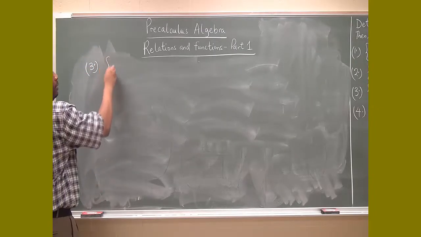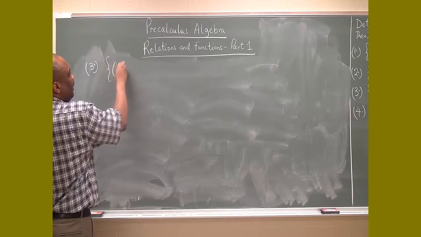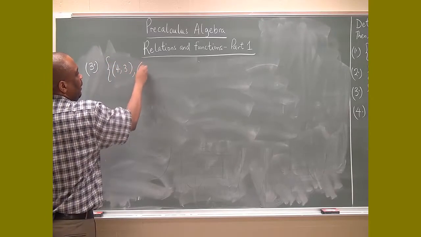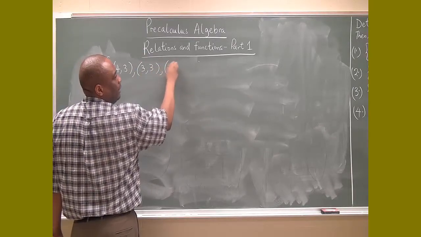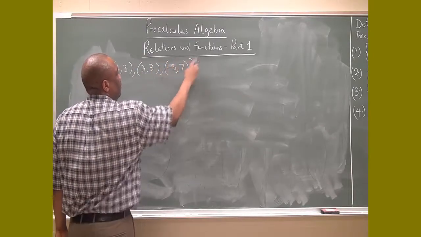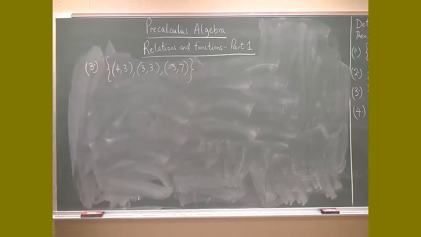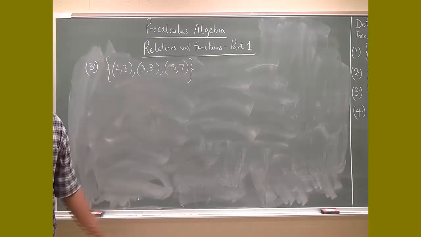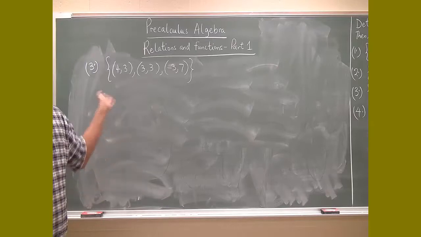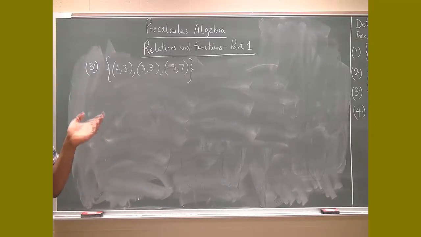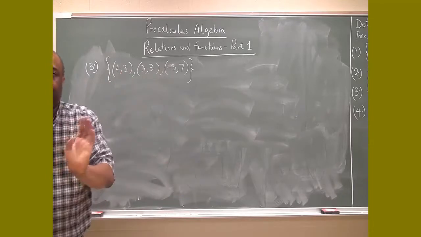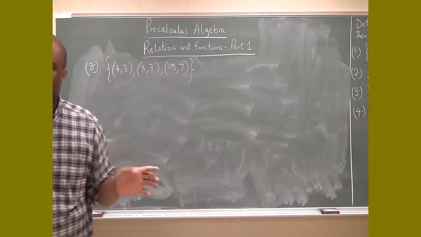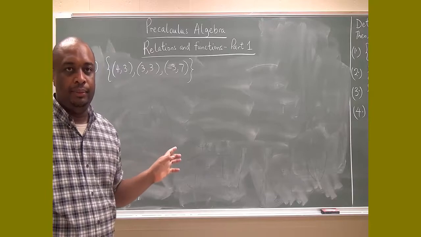Question 3. We have the set of (4, 3), (3, 3), (-3, 7). All right. Is this a relation? Yes. Is it a function? Yes, it is. No input repeats itself: 4, 3, -3. So it's still a function.